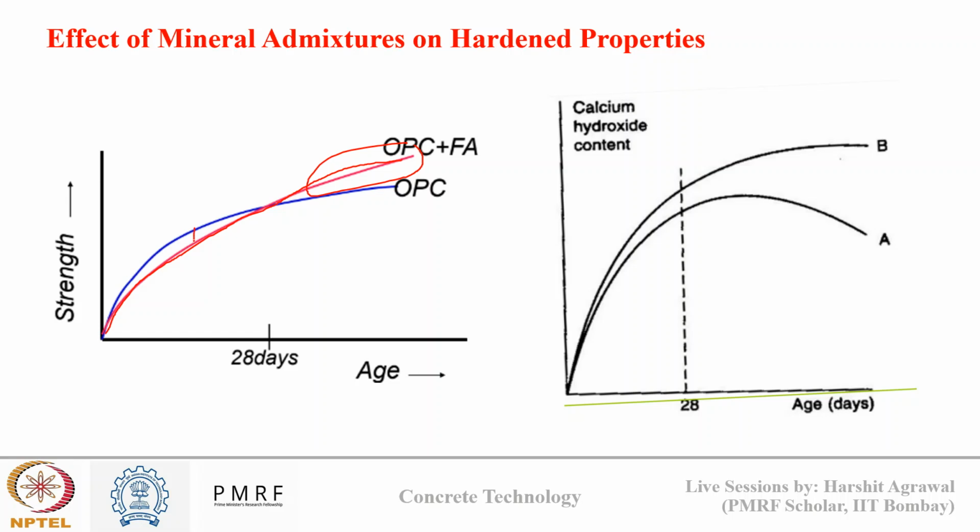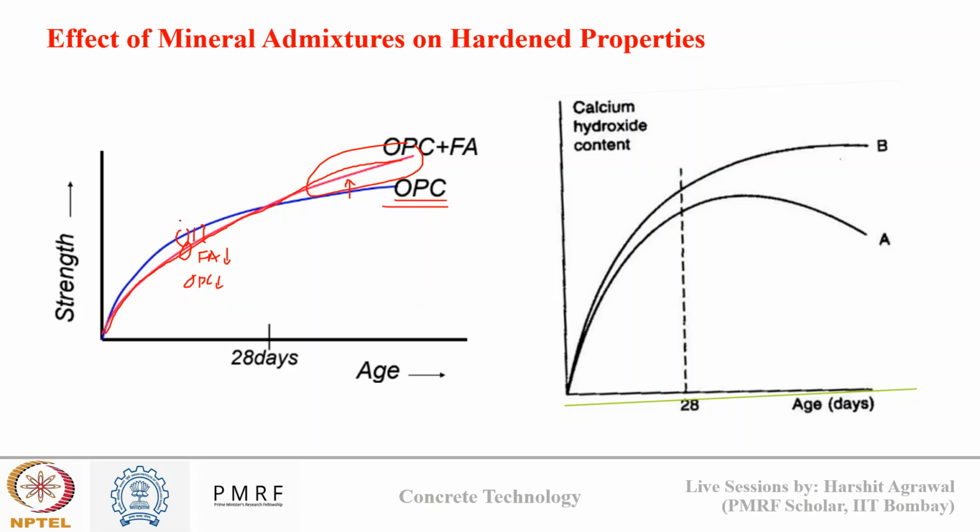So why is this change in nature happening? Because initially fly ash is not contributing to reaction, and since we have replaced OPC with fly ash, we have decreased the OPC content also. So initially there is less OPC in the system in fly ash added concrete, so that's why strength gain is lower compared to plain OPC concrete.